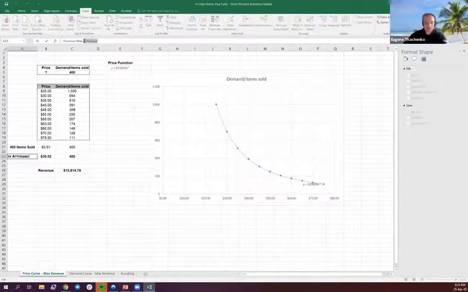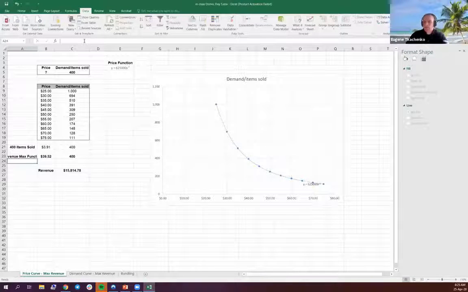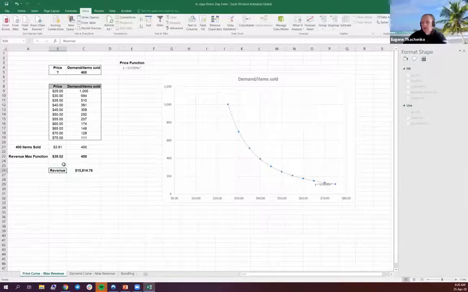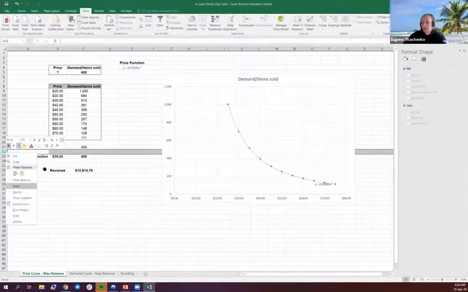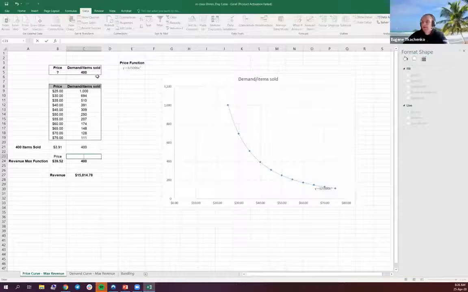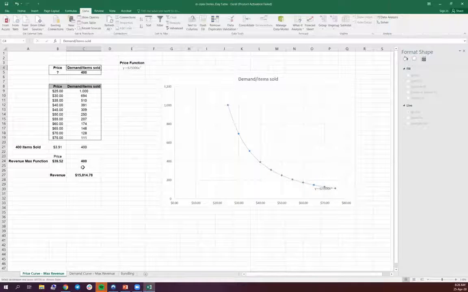So this is a function, and basically the assumptions you are working with in your function, and the actual maximum revenue you're expecting to get would be here. If you put it in this way, this would be price, and this would be items demand, items sold.